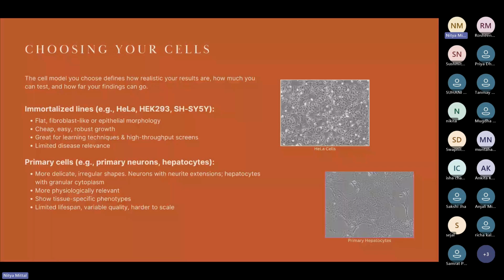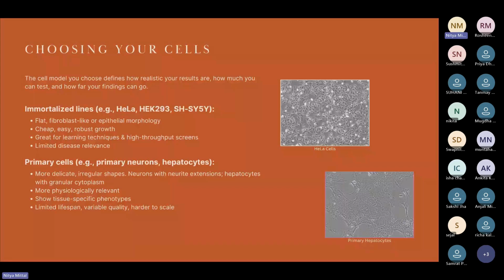Most immortalized cells would be flat, fibroblast-like, or will have some sort of epithelial morphology. If you zoom into this image, you'd see that they're mostly flat and fibroblast-like.